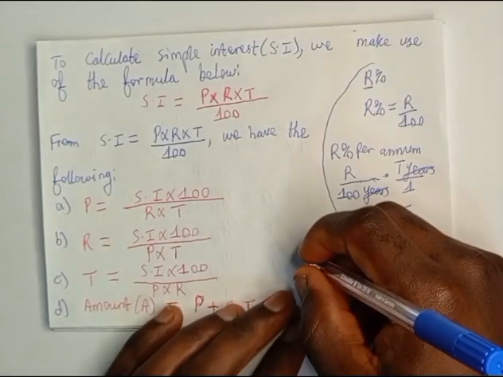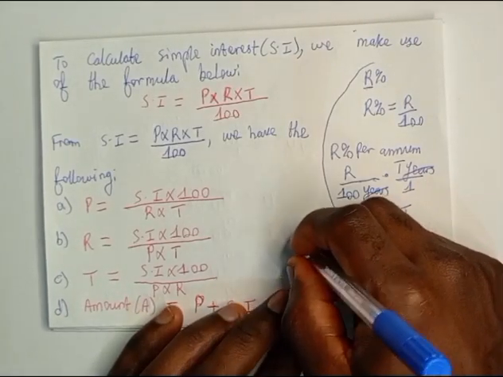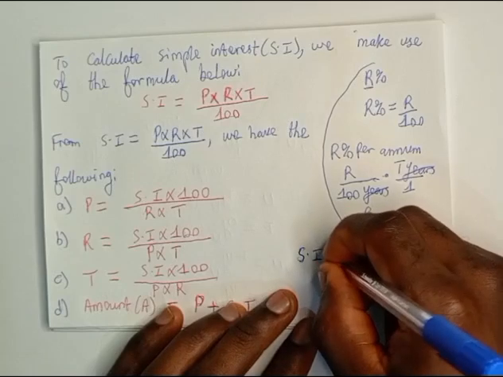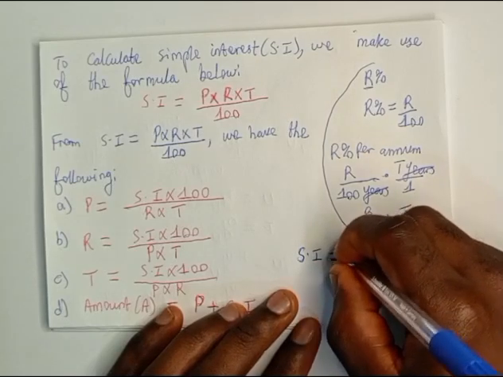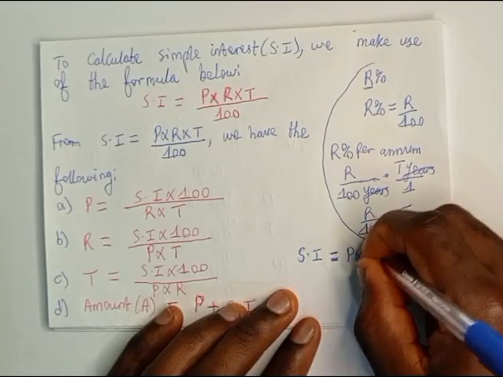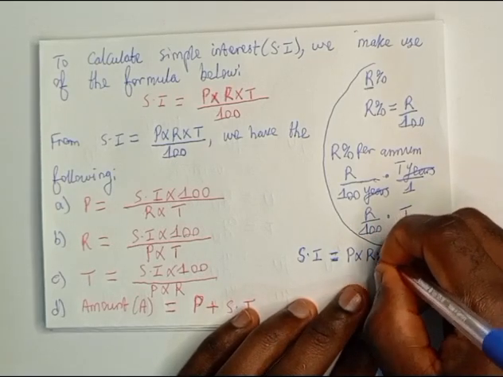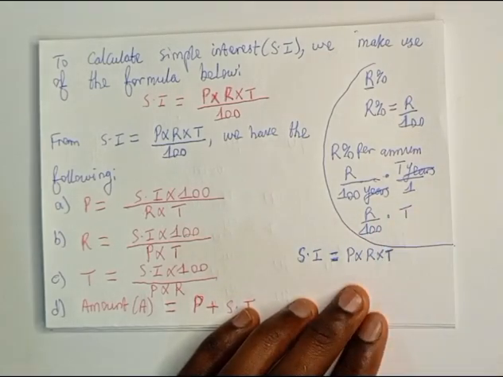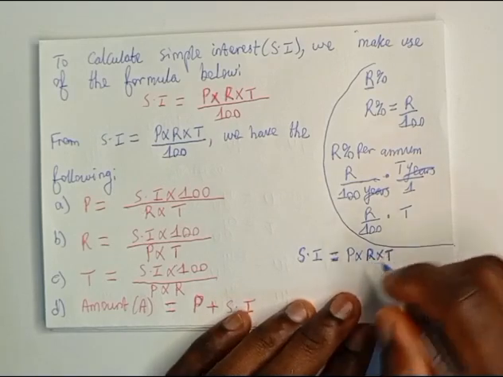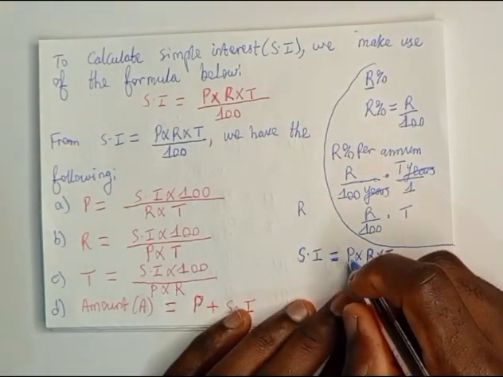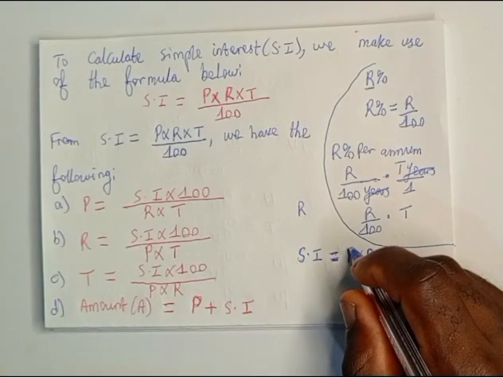Then you also take note of this. In some books, you see the simple interest being calculated as such. You see SI equal to the principal times the rate times the time, something as such. In this case, the rate is just given as R, but always take note the rate is a percentage.